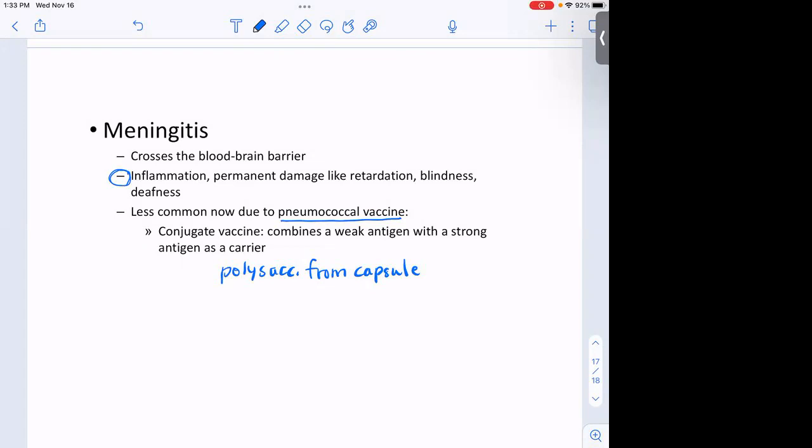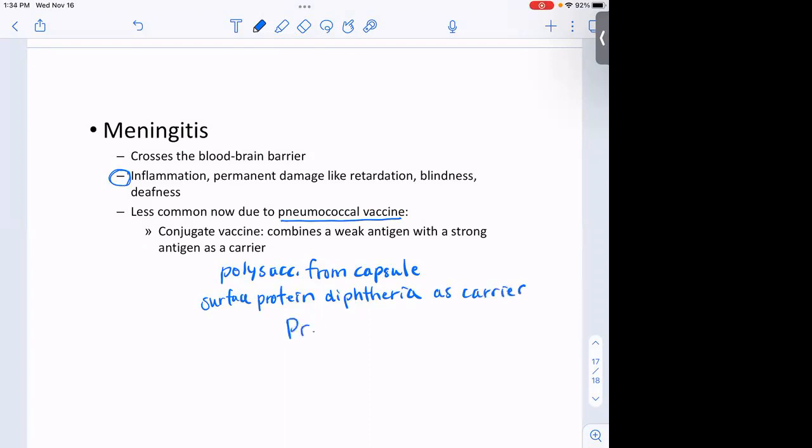And they're conjugated with a protein from the surface of the organism that causes diphtheria. So surface protein. It's Corynebacterium diphtheriae, the organism that causes diphtheria, that's used as a carrier.